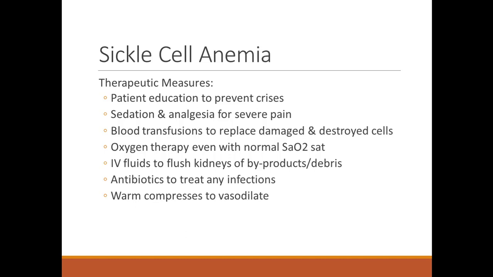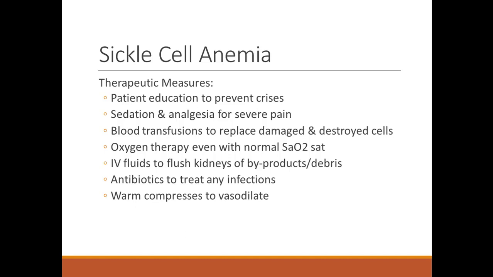If they're having severe pain, we need to treat their pain, obviously. Sometimes they're going to need blood transfusions to actually replace those red blood cells that are so damaged and destroyed. Obviously, like I've said a million times, they're going to need to be on oxygen, even if their oxygen levels are normal. Anytime somebody is in a sickle cell crisis, they need to be on oxygen to try and get those cells to plump back up and be of normal shape.